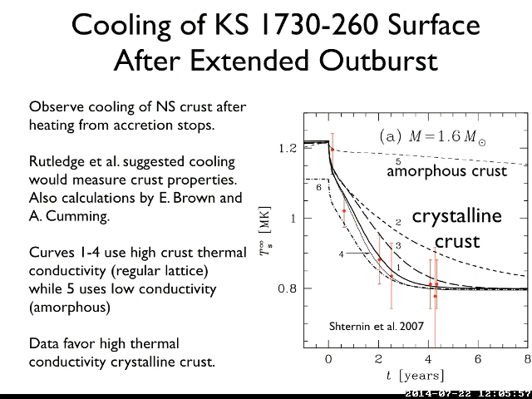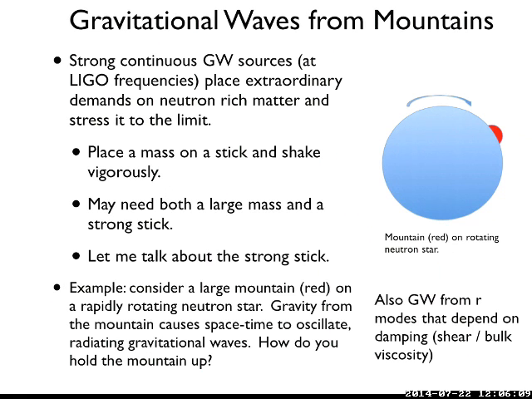The stars cool relatively quickly. That's consistent with a crystalline crust. If the crust were amorphous with a low thermal conductivity, it would cool much too slowly. So we think that at least the outer crust of a neutron star is a remarkably good crystal.